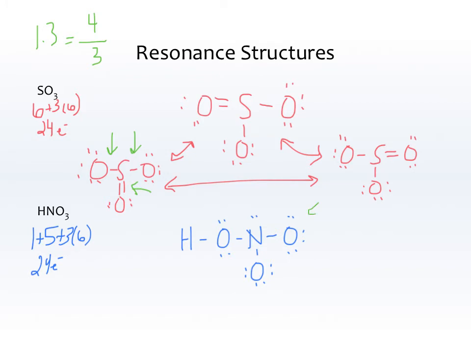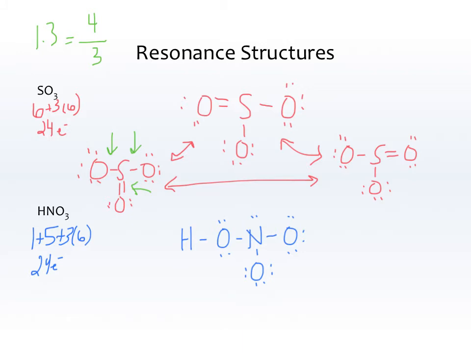So that's 8, 16, 18, 20, 22, 24, 26. 26 is too many electrons.